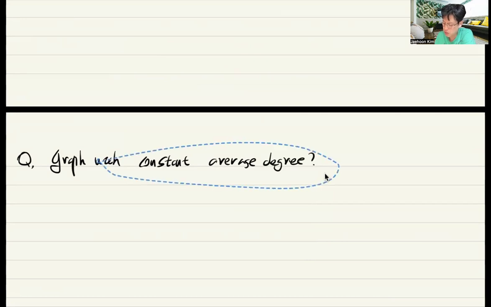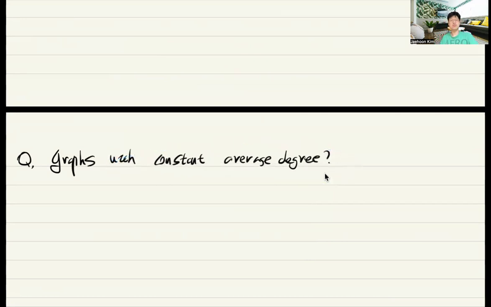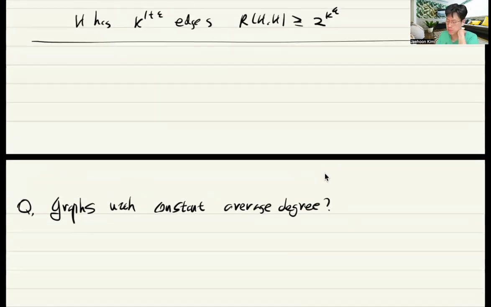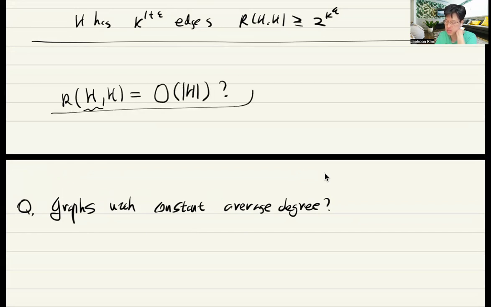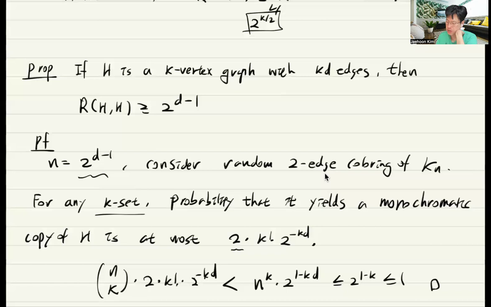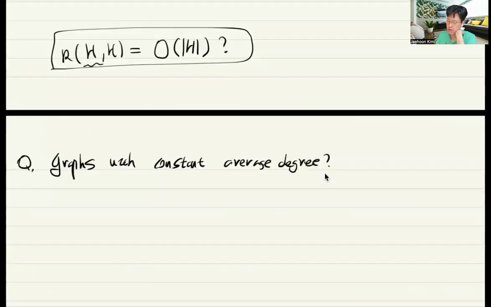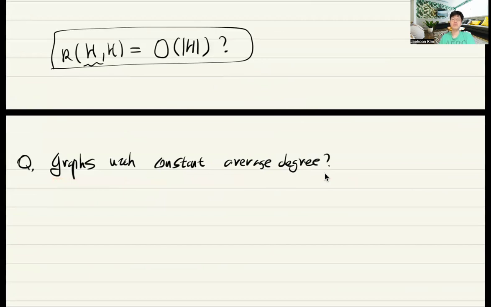Then maybe these have a small Ramsey number. The smallest possible, in order to find H, of course, you need the order of H many vertices. So the possible case is when the number of edges is a constant times the number of vertices of H. For which graphs H? And this previous proposition suggests that maybe the graphs with constant average degree are good candidates.